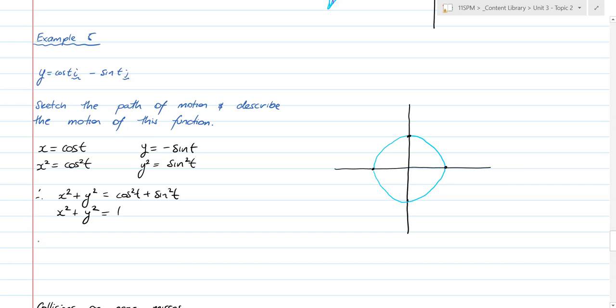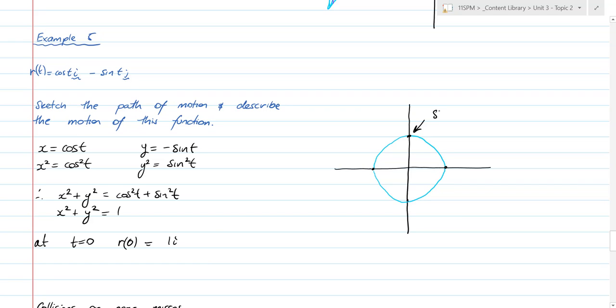So at t equals 0, r of t, or r of 0, is equal to cos of 0, which is 1, minus sine of 0, which is 0. So I get 1i, which is here.